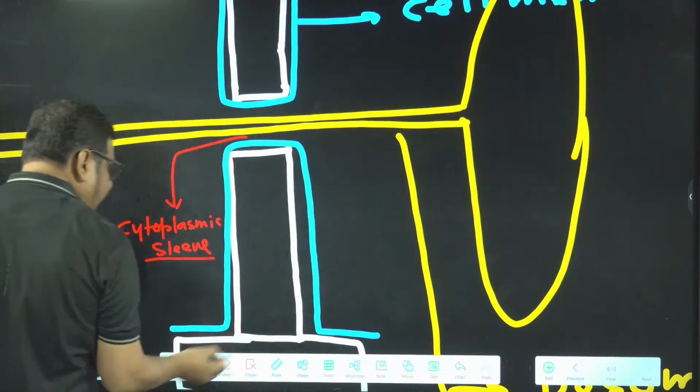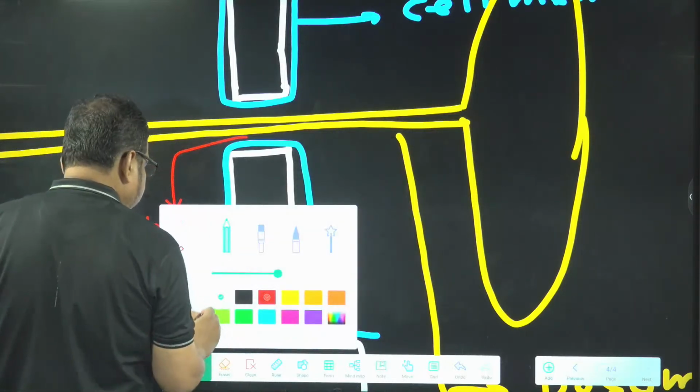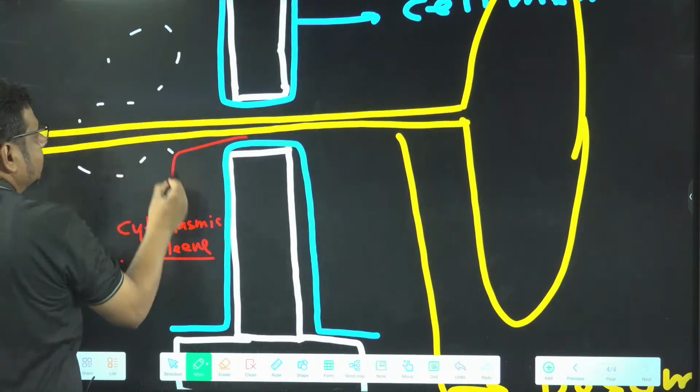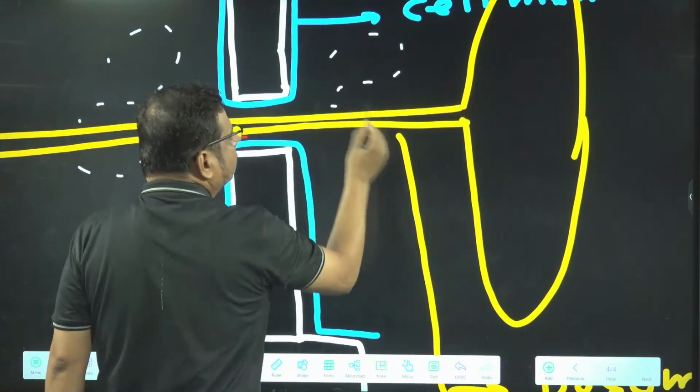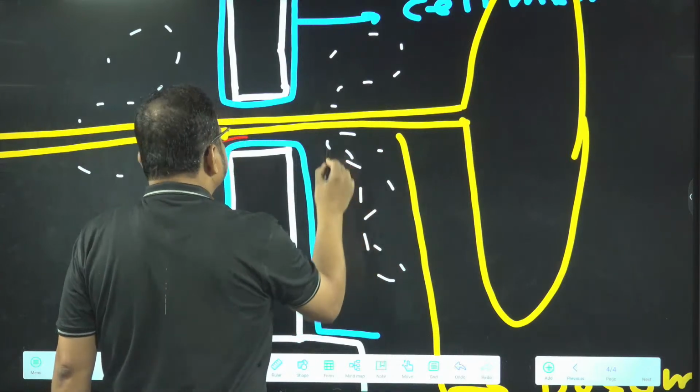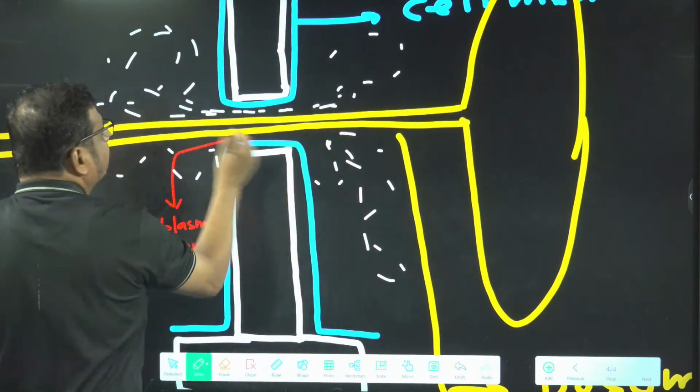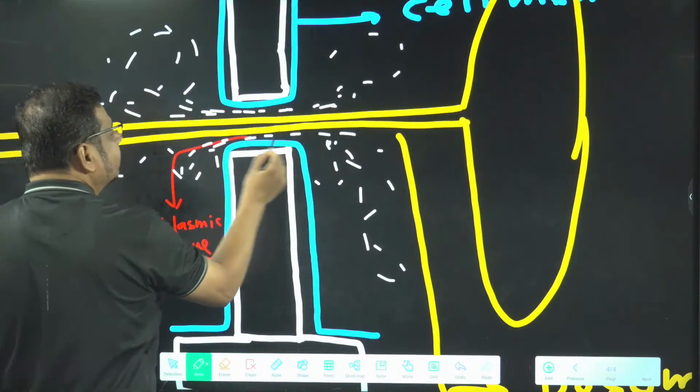Now, here it is the cytoplasm of the one cell, the cytosol, and it is the cytoplasm of the another cell. Everywhere you just think like this. So these cytoplasm are in continuity in both the cells. You are getting the idea or not?